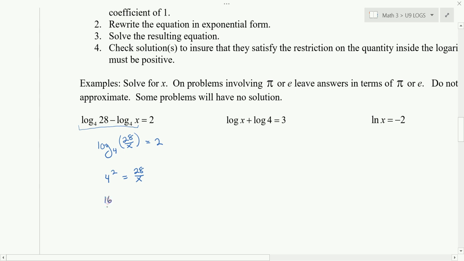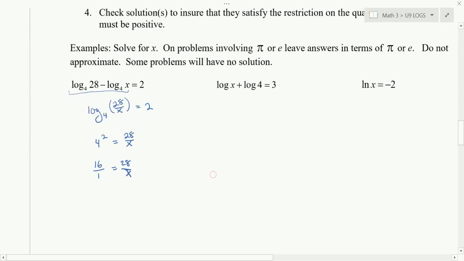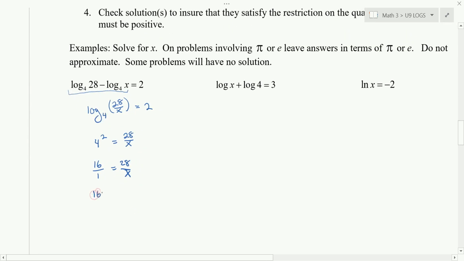And we get 16 over 1 is 28 over x. Cross multiply. You get 16x is 28. And then we could divide by 16 and reduce. So what number goes into both 28 and 16? 4.